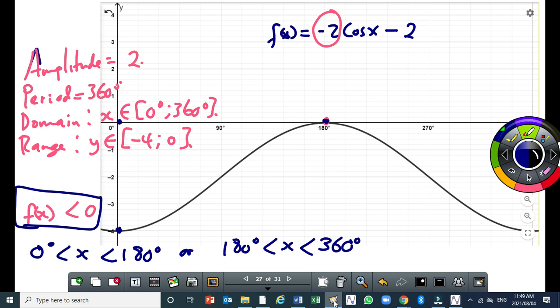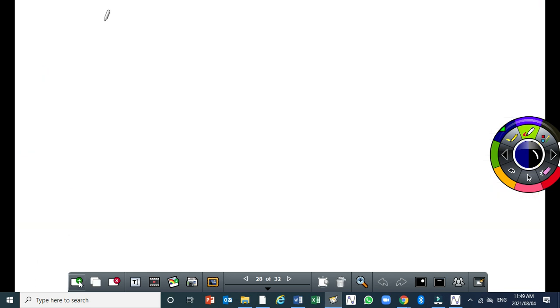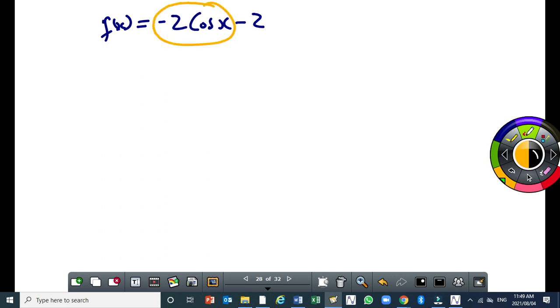So when I'm saying, let me just open a new page. So our equation is f of x equal to -2 cos x minus 2. For now, let's concentrate on this part, okay? Let's neglect the -2 for vertical shift.